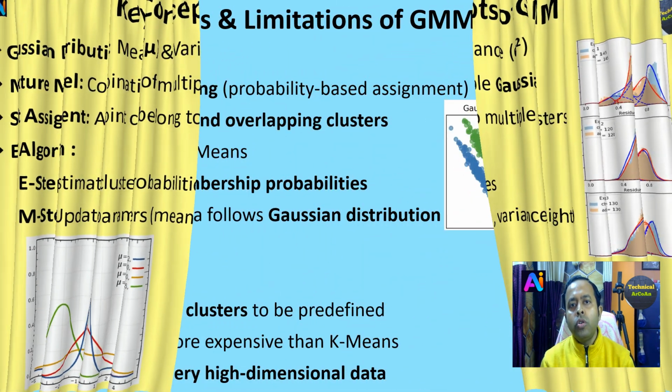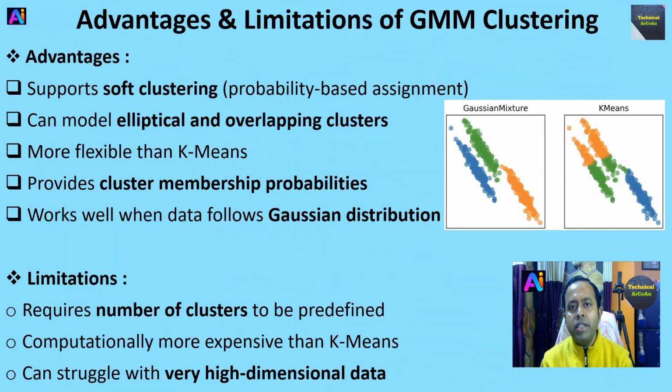Now we should know the particular advantages and limitations of GMM clustering. Advantages: supports soft clustering, probability based assignment, can model elliptical and overlapping clusters, more flexible than k-means, provides cluster membership probabilities, works well when data follows Gaussian distribution.